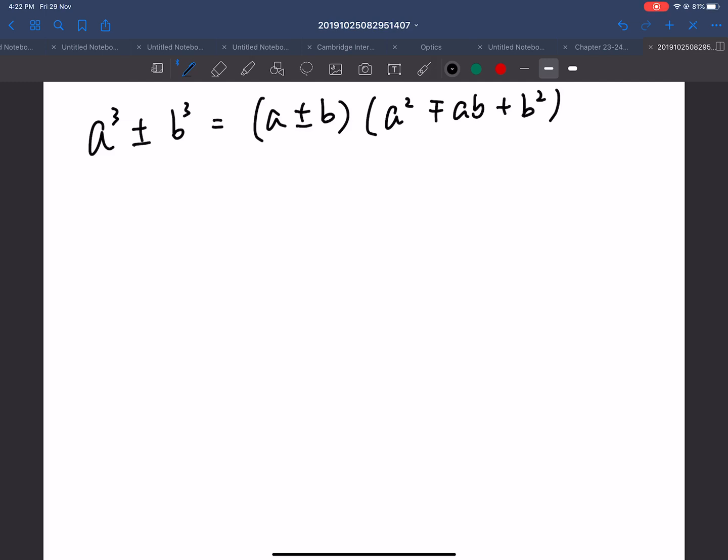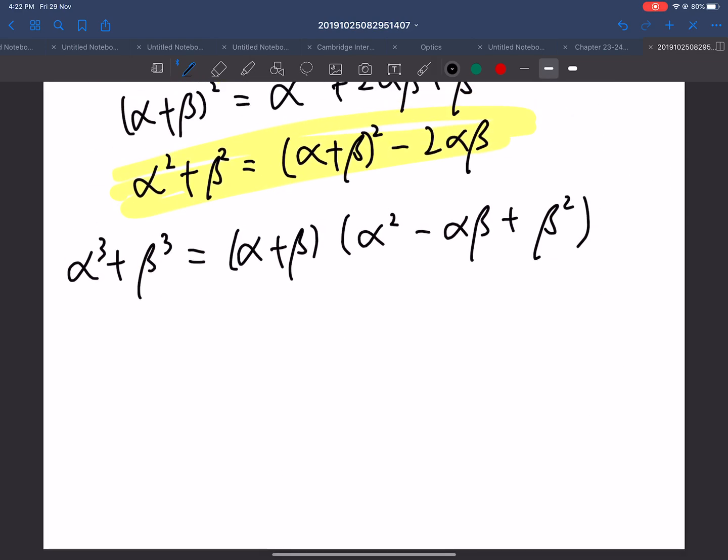This factorization should not be quite difficult.